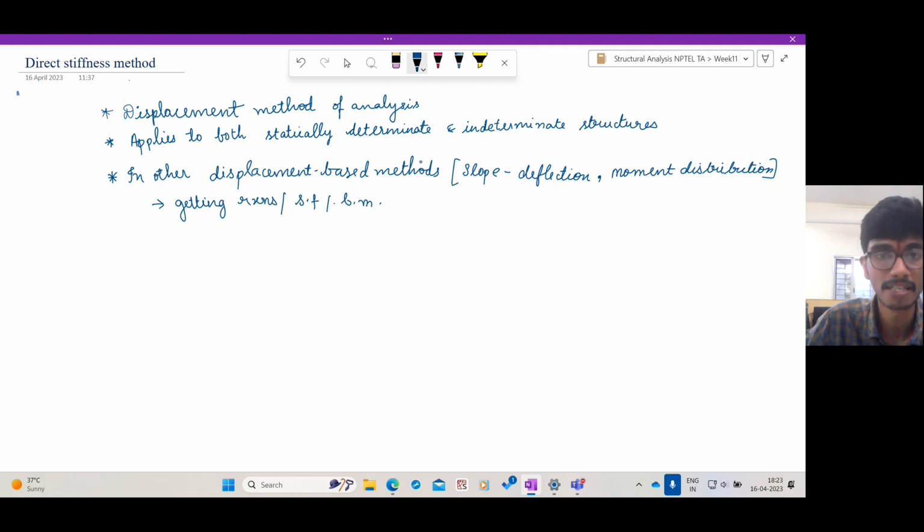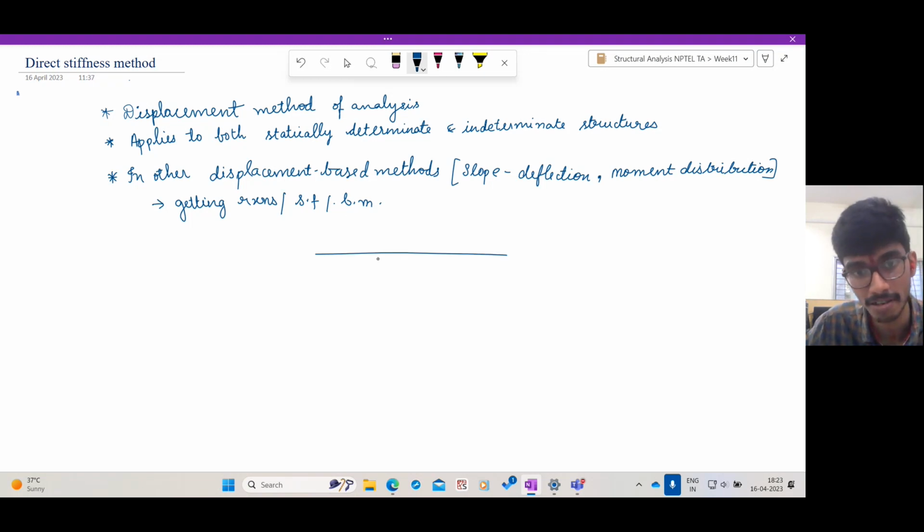Once we determine the displacements, we had to use a constitutive relation to determine the moments at the joints, and in between we had to enforce equilibrium to get the internal bending moments and shear force, and also for getting the reactions.